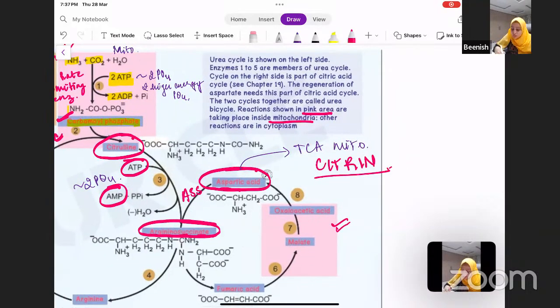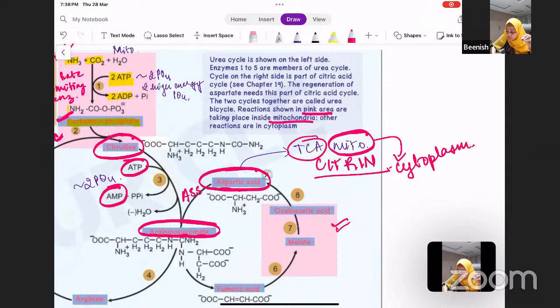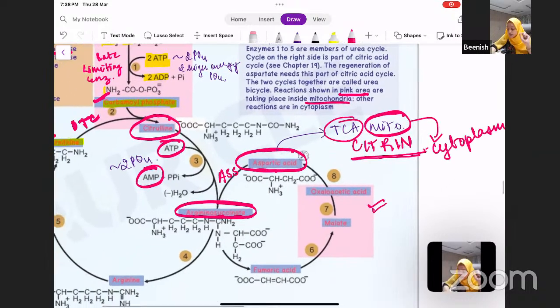Your aspartate is being formed in the TCA cycle, and your TCA cycle is taking place in the mitochondria. So this aspartate has to be transported from the mitochondria into the cytoplasm. For this, there is a transporter known as citrin.